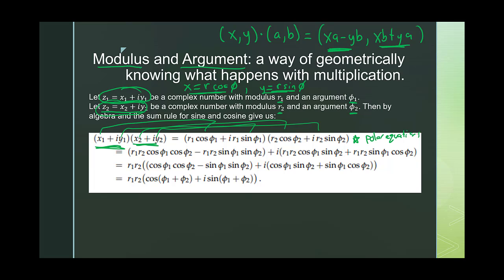And then the next line, this is from FOIL. And then the next line is just a little bit of rearranging. And then finally, to get this last line, we use the sum formula for sine and cosine, which may be something you remember back from trig. If not, no worries. But anyway, it's the sum formula for sine and cosine.